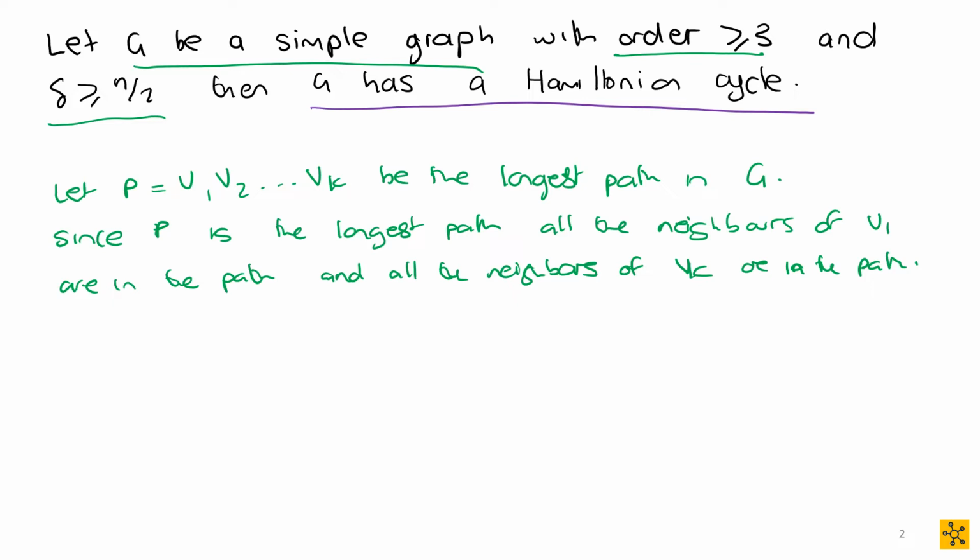Now, some of the other things we know is we have a minimum degree of greater than or equal to n over 2. So we know how many neighbors v1 has. For vk, there is a set number of vertices which are adjacent to vk, and that is greater than or equal to n over 2.